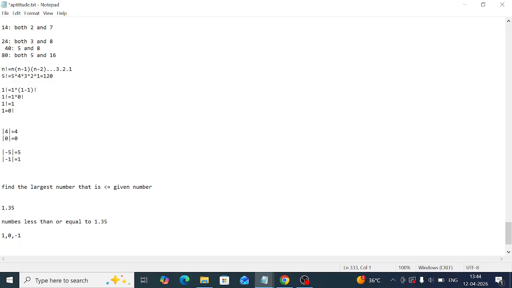These are the numbers. So, what is the value that you need to take here? Floor value you need to take. Floor value means, if 1.35 is there, floor value.